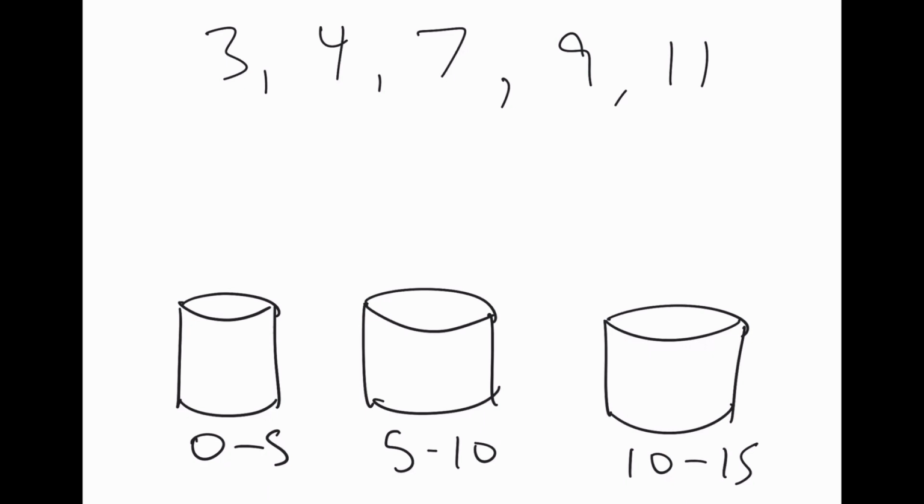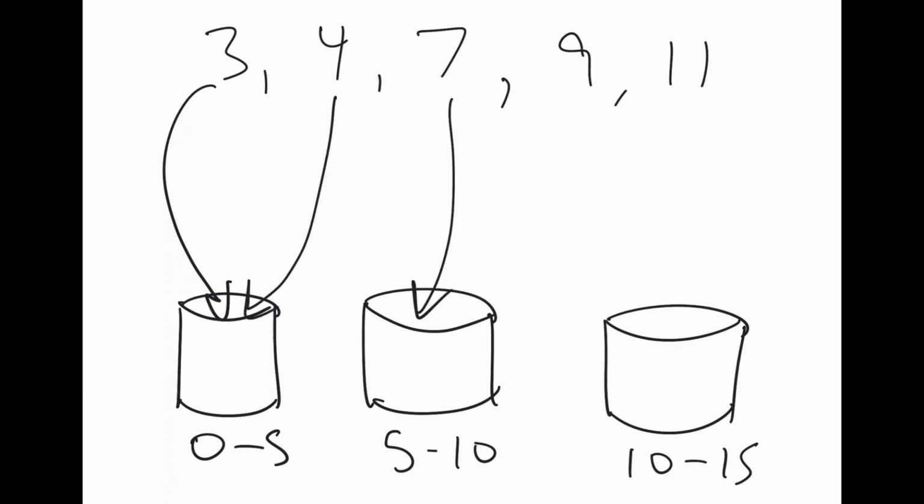And we want to put these numbers into their proper buckets. So pretty straightforward. 3 goes into this bucket because it's between 0 and 5. 4 also goes into that bucket. 7 goes into the middle bucket. 9 also goes into the middle bucket, and 11 goes into the middle bucket. Pretty straightforward.